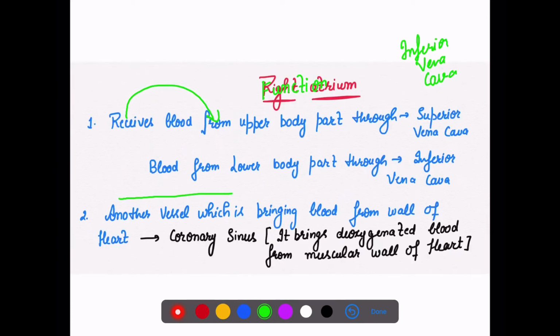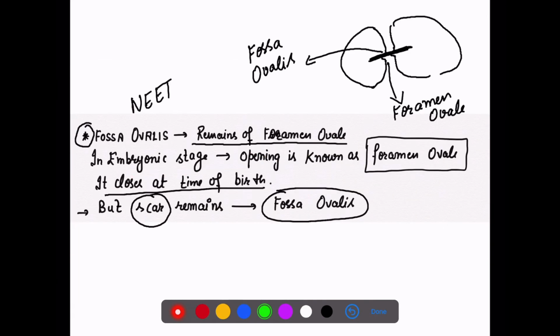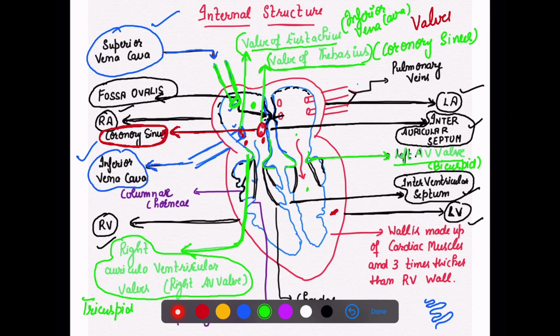Right? So let's start with our left atrium once more. This chamber is receiving oxygenated blood through these pulmonary veins, right? We know these are the exceptions in our heart, because otherwise veins carry deoxygenated blood, but these pulmonary veins are bringing oxygenated blood. So they are 4 in number.